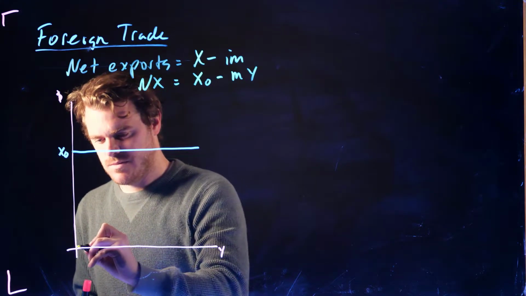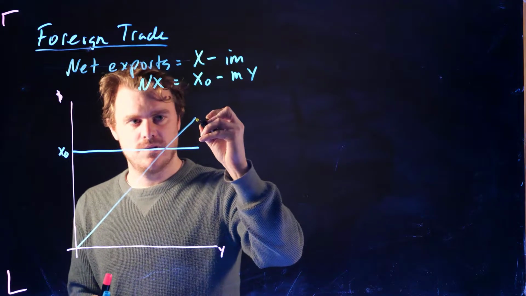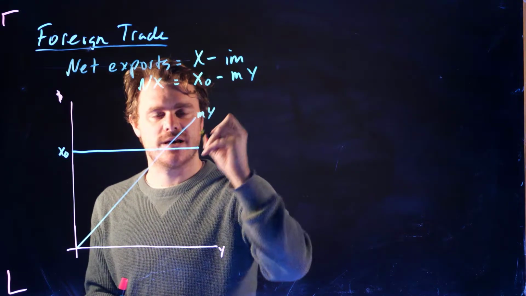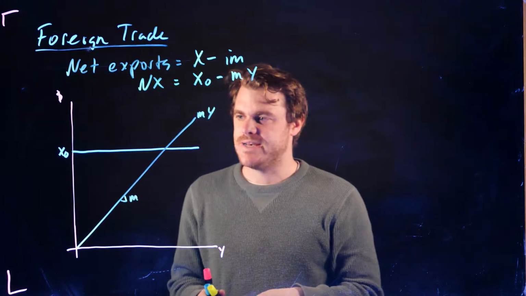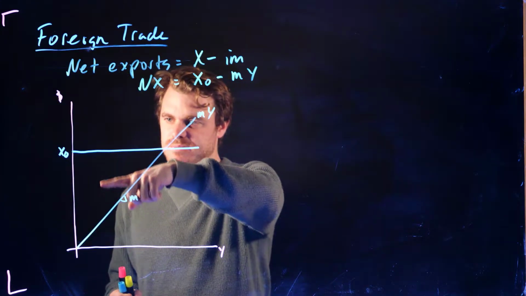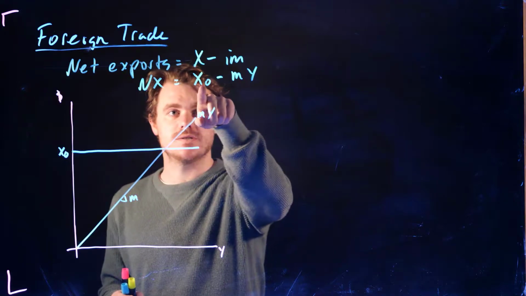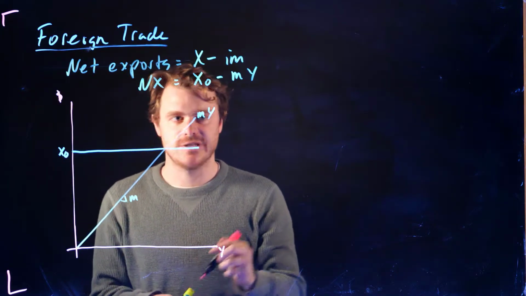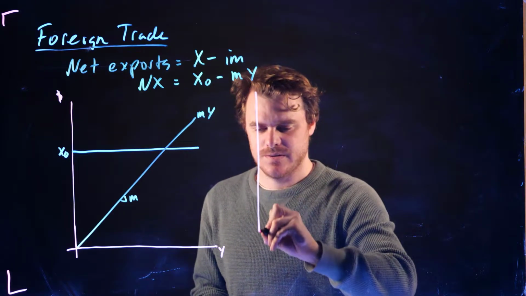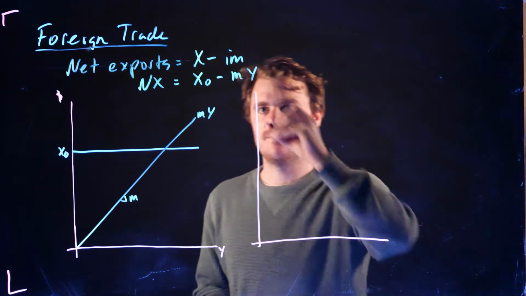And this is what our import function looks like, where the slope of this is M. Net exports are the difference between exports and imports, right? So this minus this. Here's what they look like individually if we wanted to draw them on the same graph.